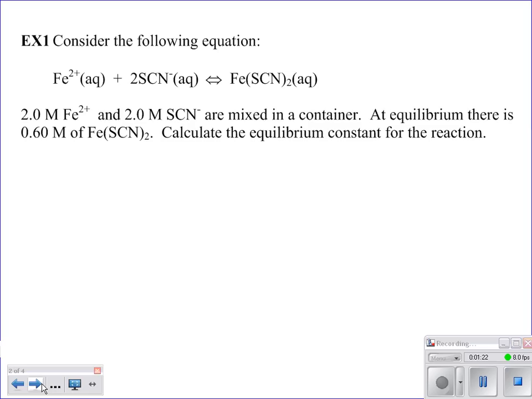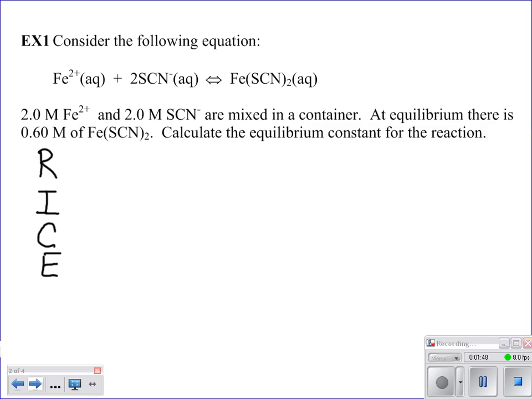And our first example, now we said that we're going to be using something known as a RICE table, and this is just a way of setting it up where R stands for our reaction, so we're going to rewrite our reaction. Then we're going to have the initial concentration, then the change in concentration, and then the equilibrium concentration is what we're going to show.